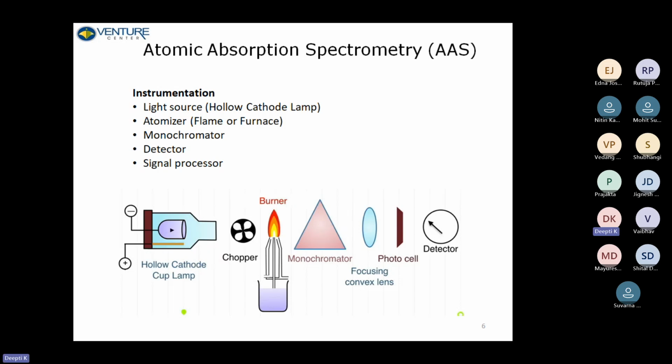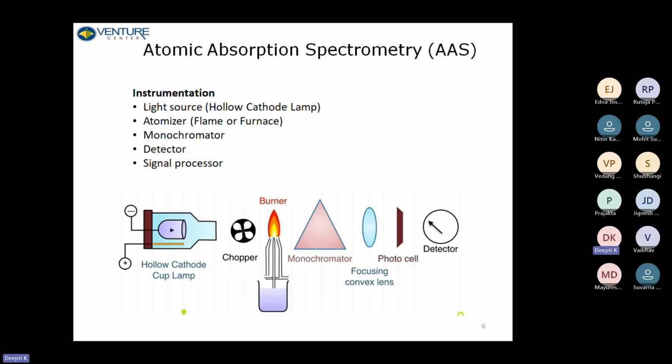Then there is a chopper. So the main role of the chopper here is to break the steady light that is coming from the hollow cathode lamp into pulses.